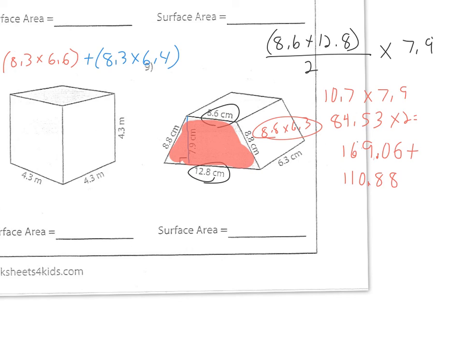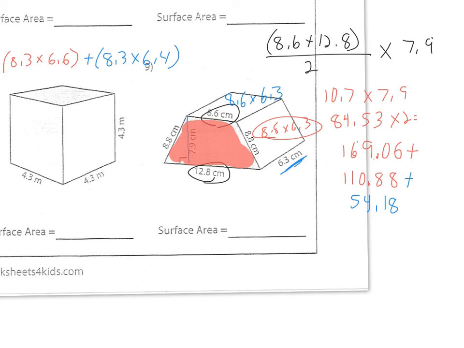I'm going to find the area of the top, which is going to be 8.6 times my base down here. It's still the same, it goes up here, so 6.3. I only have one of those, so I don't double it. And add to my tally here 54.18.